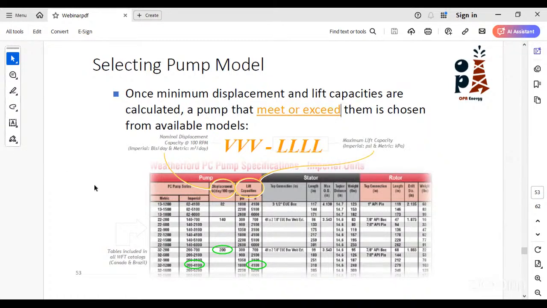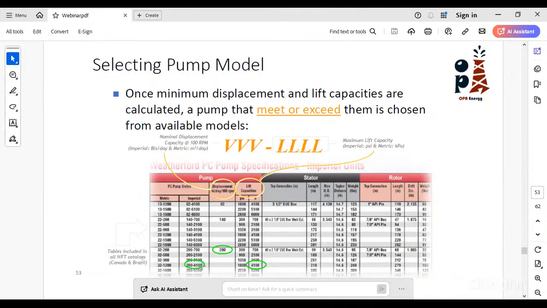From this table, we see the pump highlighted here, and we'll talk more about the designation of the PCP pumps later on, inshallah, about what the designation or codes for the pumps are.